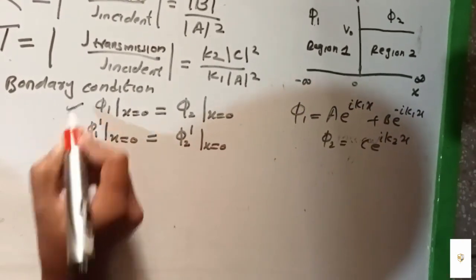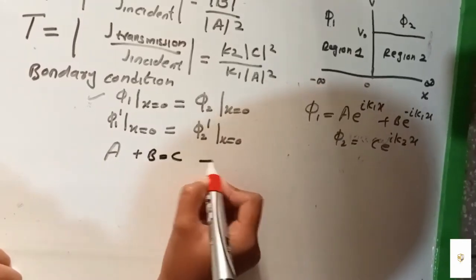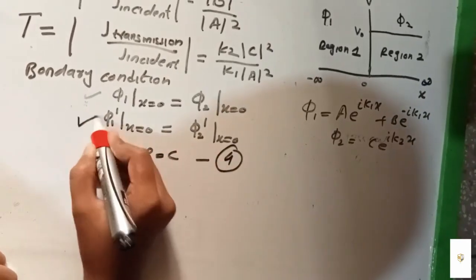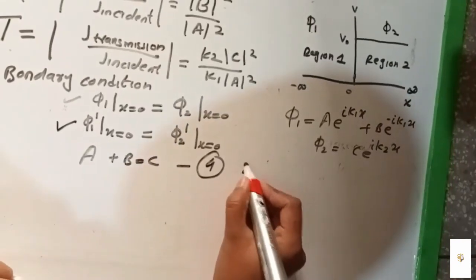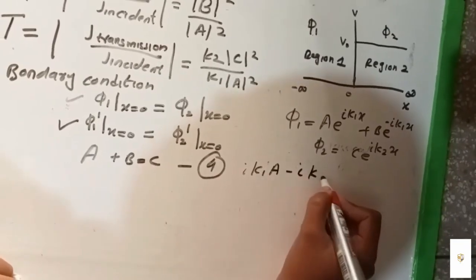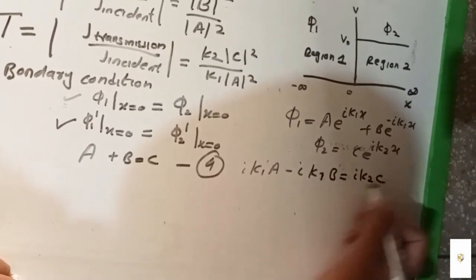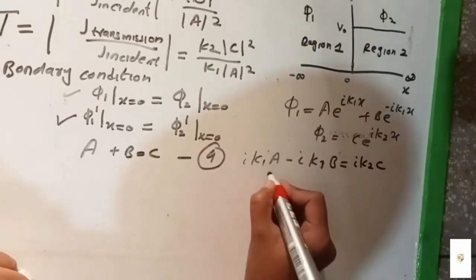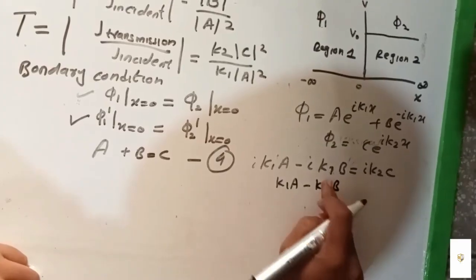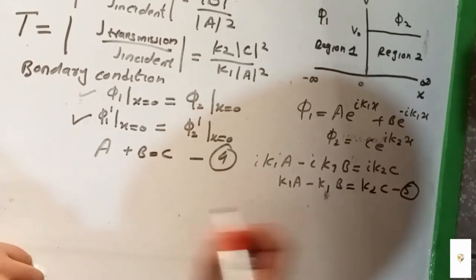So first boundary condition gives us a plus b is equal to c, which is equation 4, and second boundary condition gives us iota k1 a minus iota k1 b is equal to iota k2 c, which is equal to k1 a minus k1 b is equal to k2 c, which is equation 5.